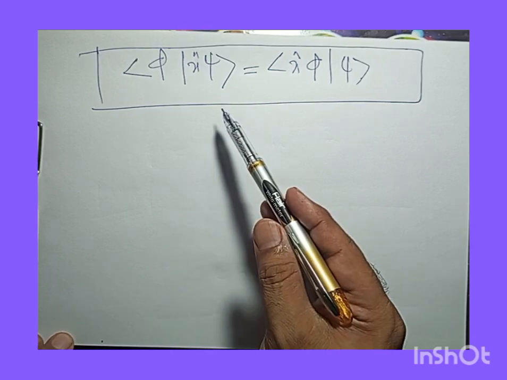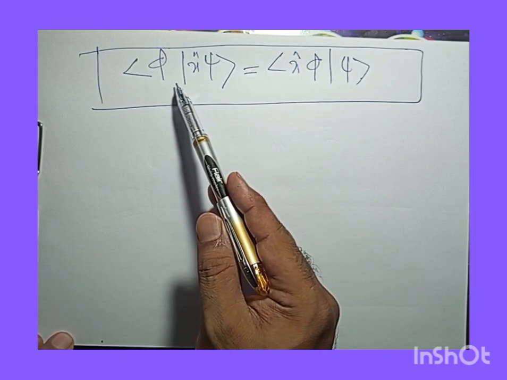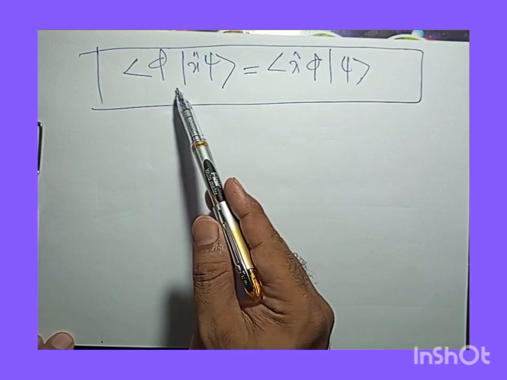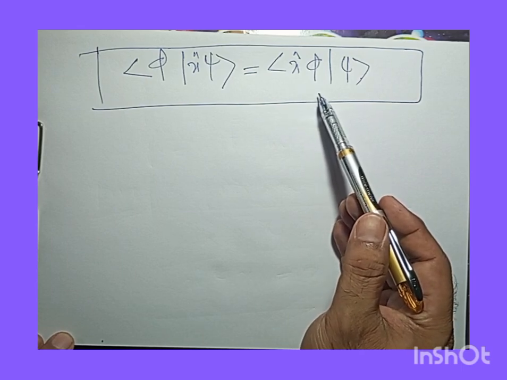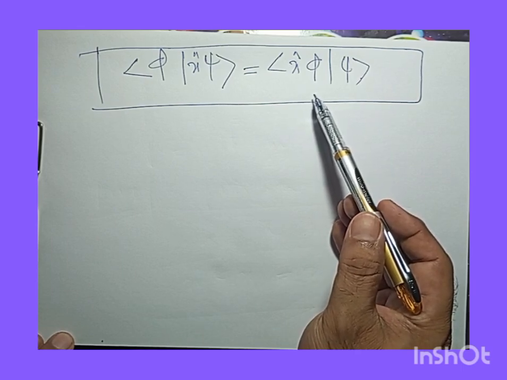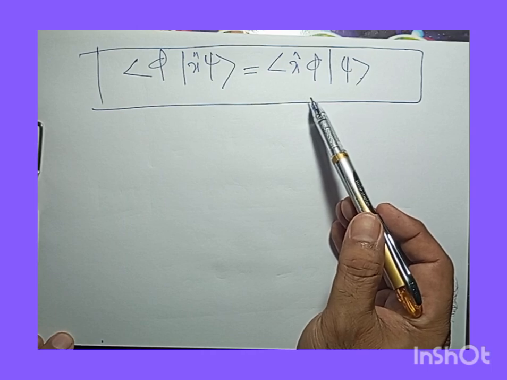If we are able to prove that this inner product is equal to this one, we can say that the position operator is a Hermitian operator.